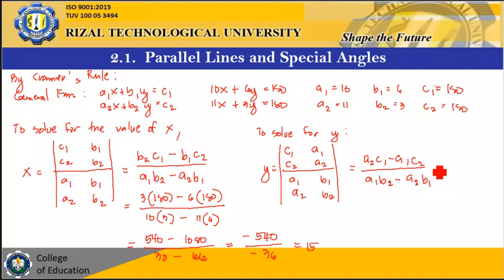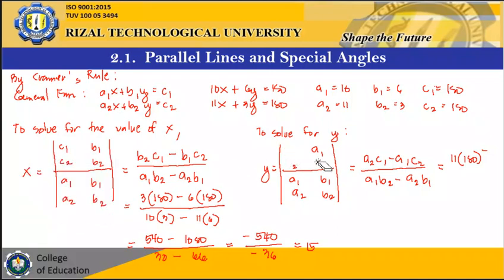So just substitute a sub 2 is 11 times c sub 1 is 180 minus, I think our formula is a sub 1 is 10 and c sub 2 is, wait, I'm going to fix our formula.